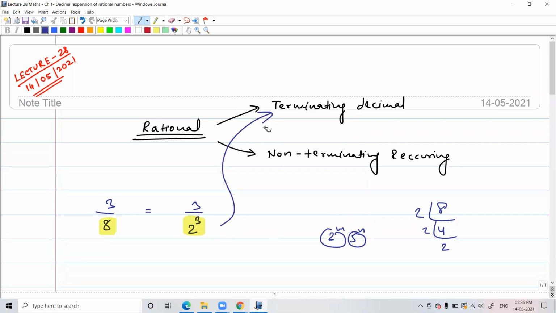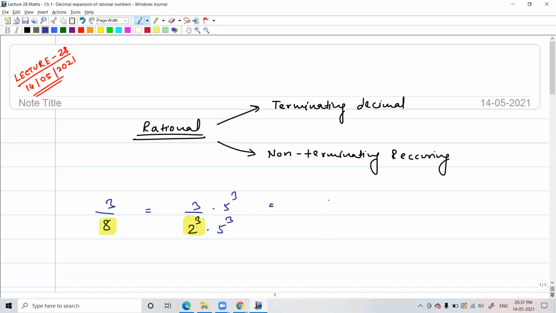You can check it also. Do the actual division. Tell me what is the decimal expansion of 3 by 8? Or instead, you can use the trick which I showed yesterday. 2 to the power 3 is there, so you'll have to multiply by 5 to the power 3, and the same 5 to the power 3 will multiply in the numerator also. So this becomes 125 into 3.